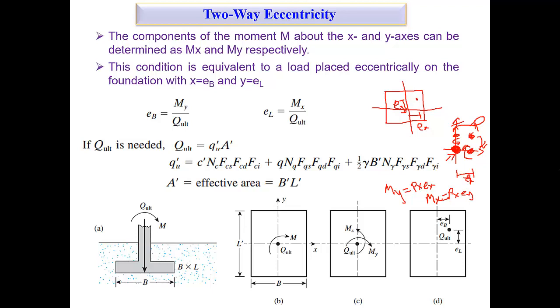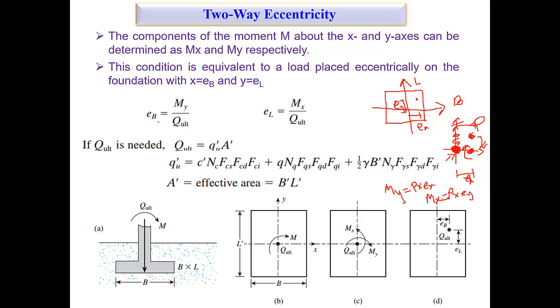So now you think that your x-axis is the B-axis, the width of the foundation, and your y-axis is the length of your foundation. So instead of ex, we can call it eB, right?